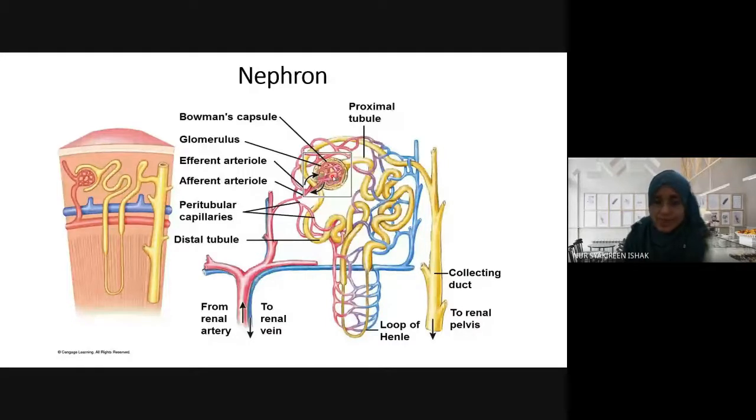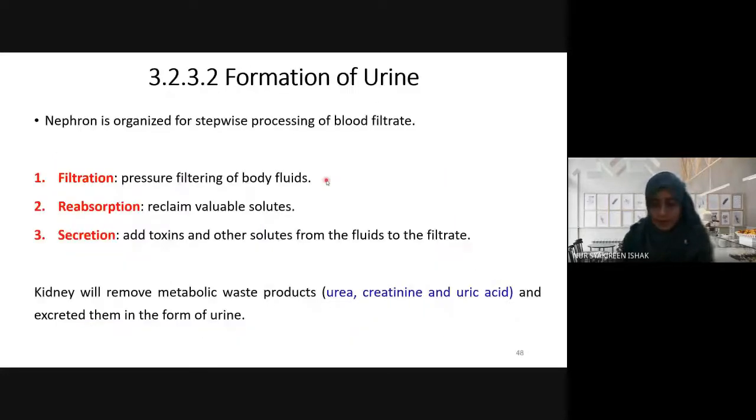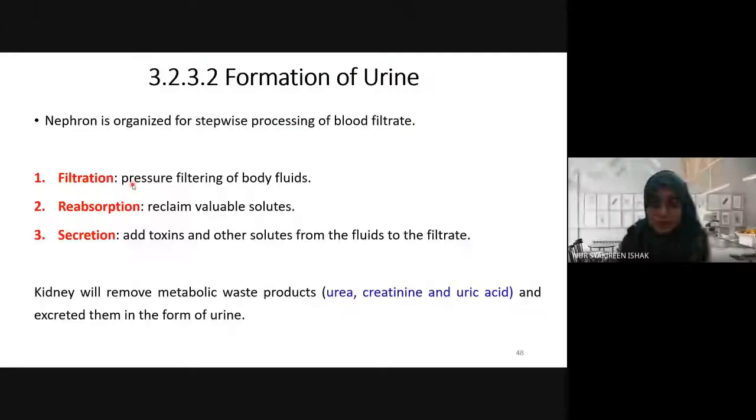Okay, so formation of urine. The nephron is organized for stepwise processing of blood filtrate. The process of urine formation will undergo three major processes, which is filtration or ultrafiltration, where high blood pressure will cause the formation of filtrate, pressure filtering body fluids.